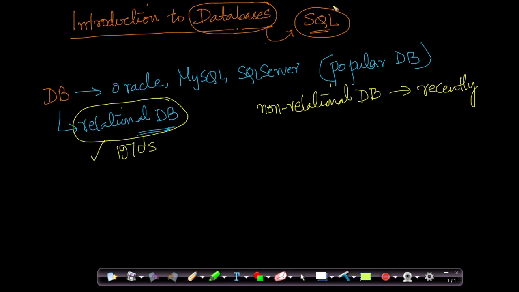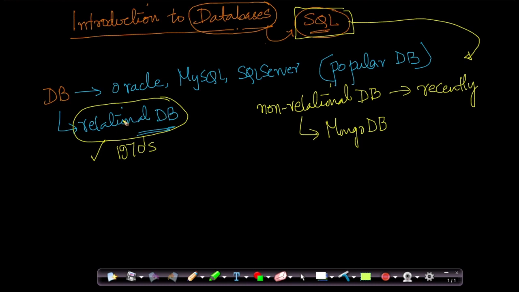But some of the concepts that we learn about SQL are also useful if you are using a non-relational database. For example, there are non-relational databases like MongoDB, which is a very interesting database structure that doesn't follow some of the concepts of a relational database.